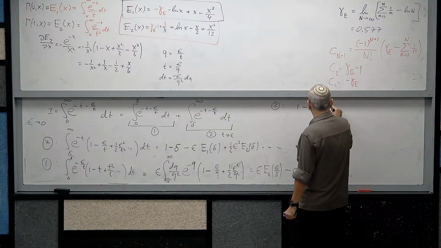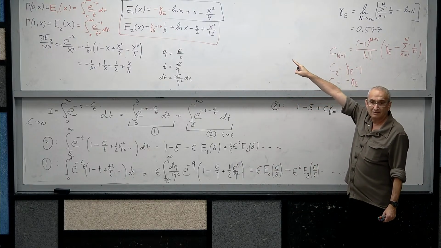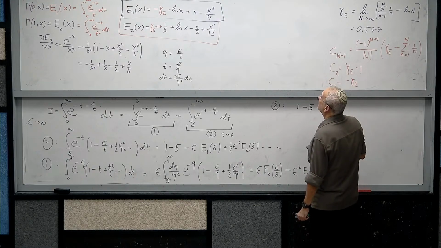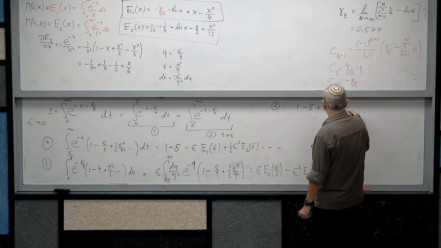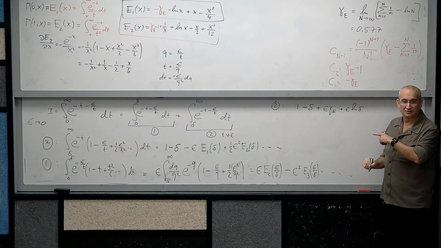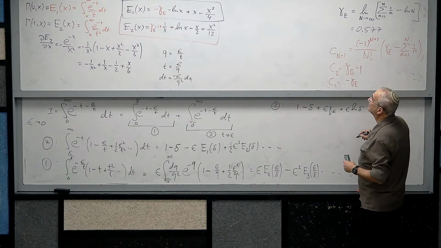So plus epsilon gamma Euler, plus epsilon ln delta. Ln delta is large because delta is going to 0. What's the next thing?